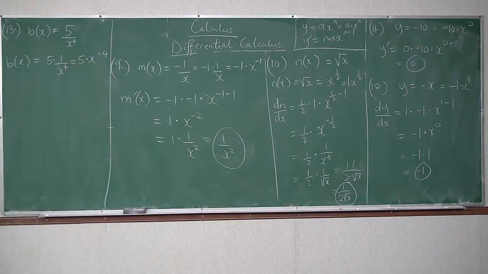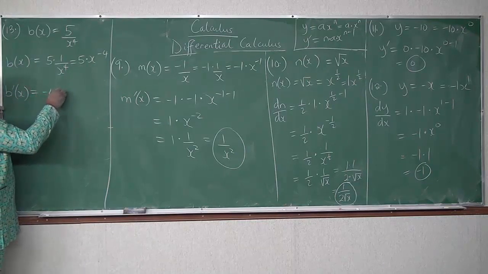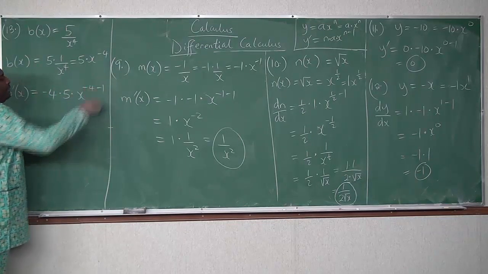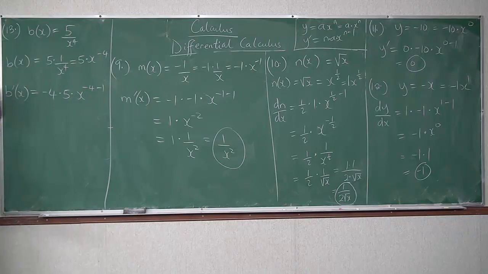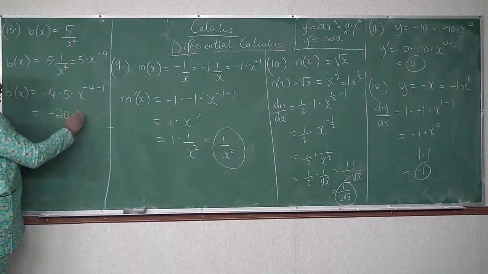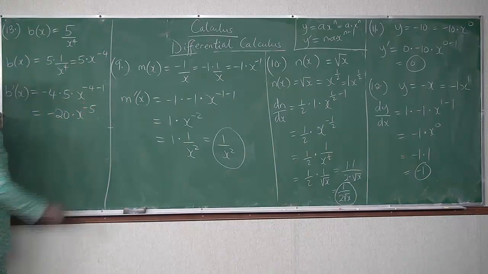You see what I just did now? Okay? So b prime of x, or db/dx, will be negative 4 times 5 times x to the negative 4 minus 1. So that will be negative 20 times x exponent negative 5.